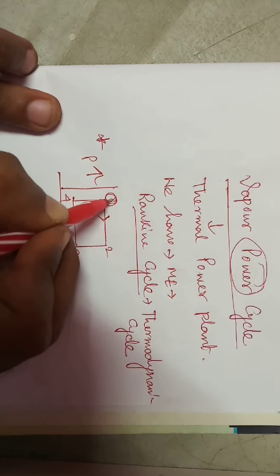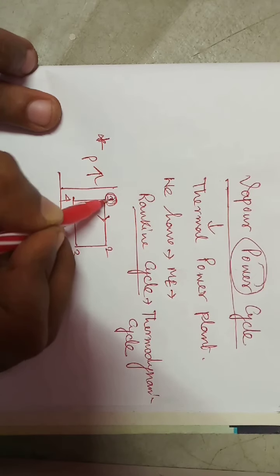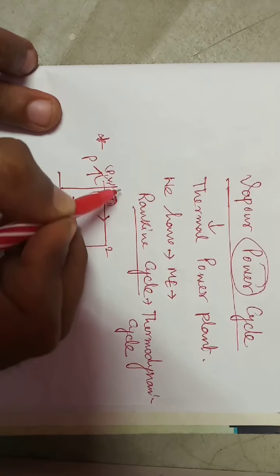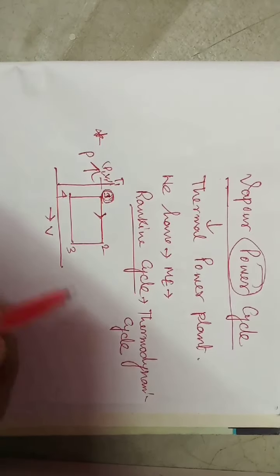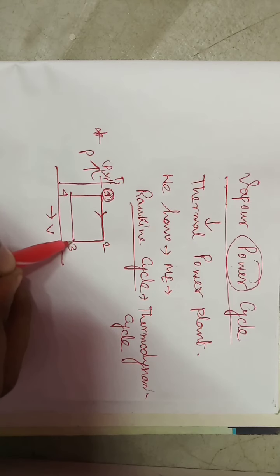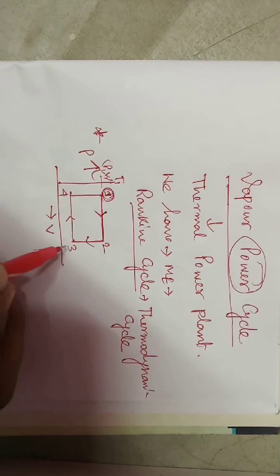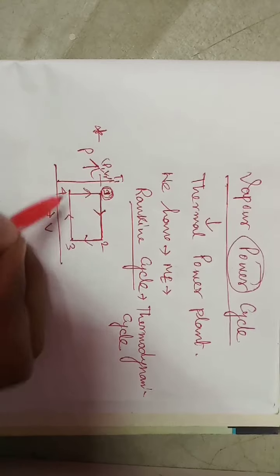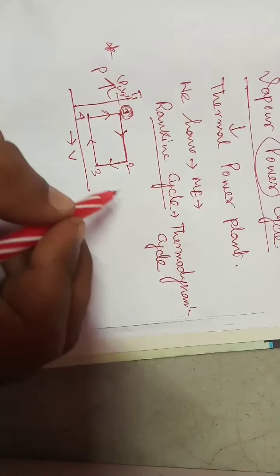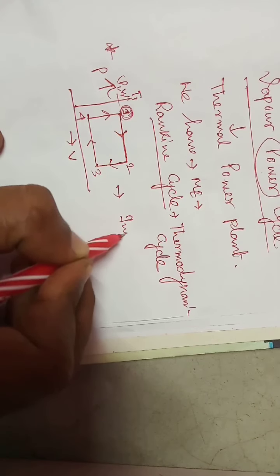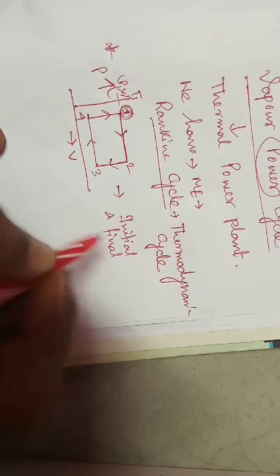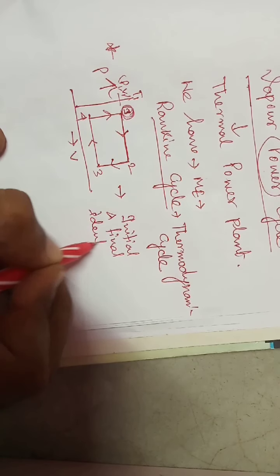The condition at 1 is P1 and V1 and temperature T1. After going through many processes, 2 to 3, 3 to 4, 4 to 1, it ultimately comes back to one position. So a thermodynamic cycle is one where the initial and final conditions are identical.